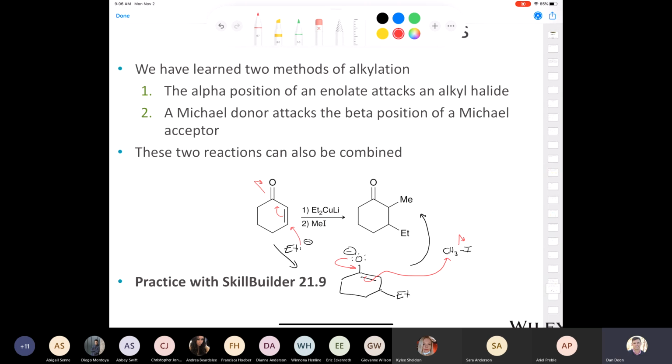So there's a 2-step process for adding an alkyl group at the alpha and at the beta position of an alpha-beta unsaturated carbonyl compound. Kind of cool, huh? And you have to know this. So we'll put this in here. Know that you can do that.